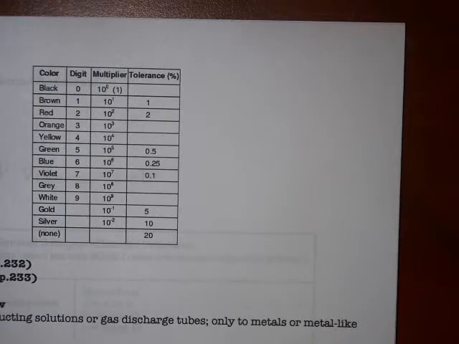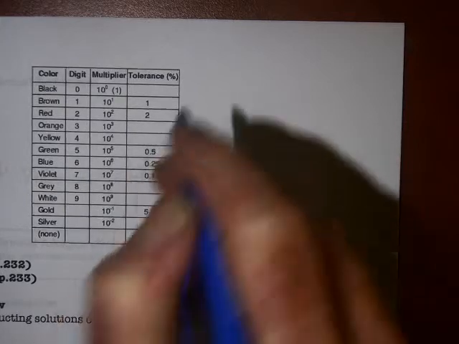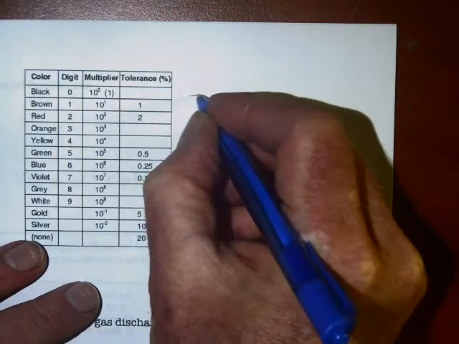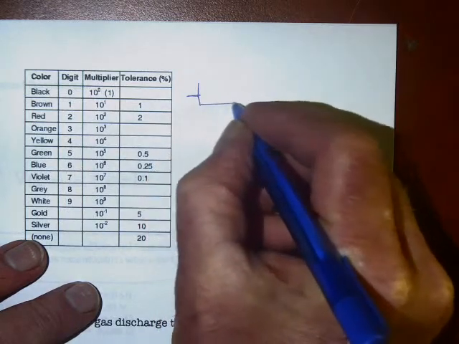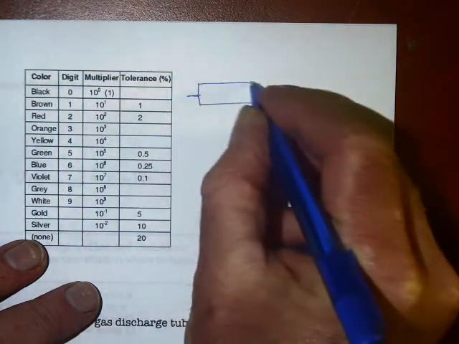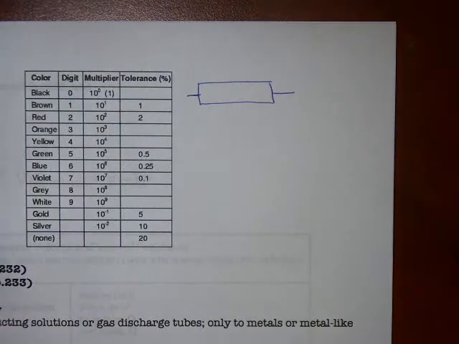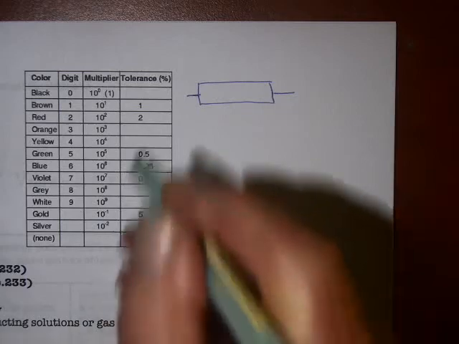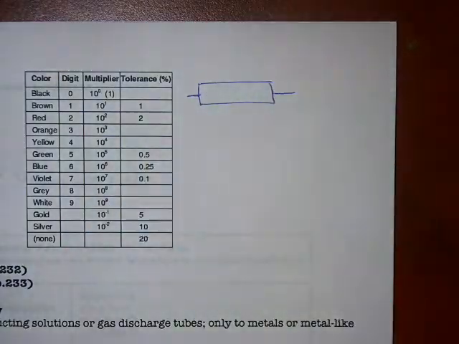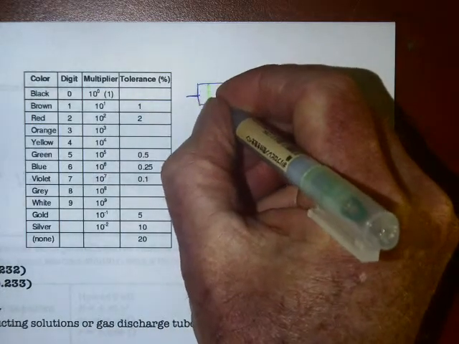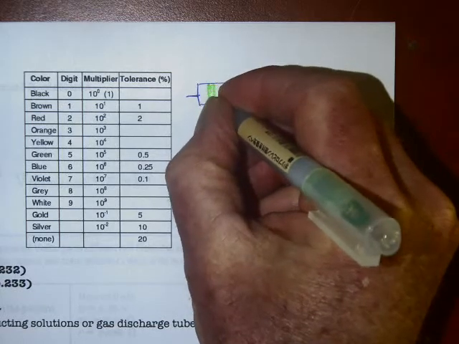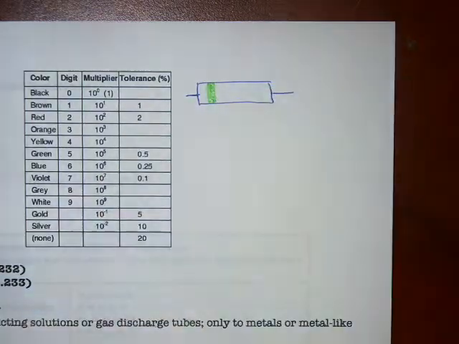So imagine, if you will, that we have a sample resistor. Now it's going to be really small, but I made it larger so that we could color band it. And let's say it typically has 4 bands. Let's say the first one is green. Okay.